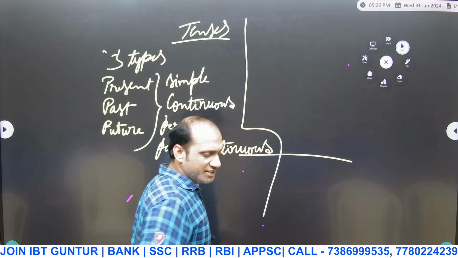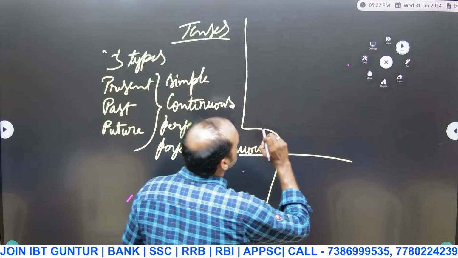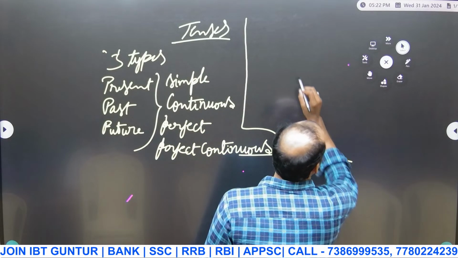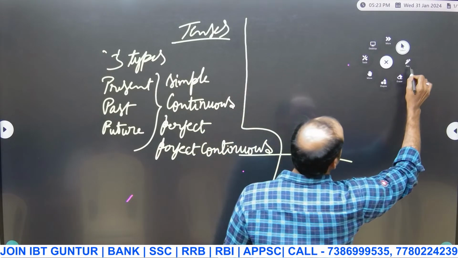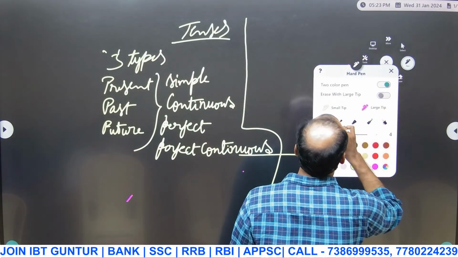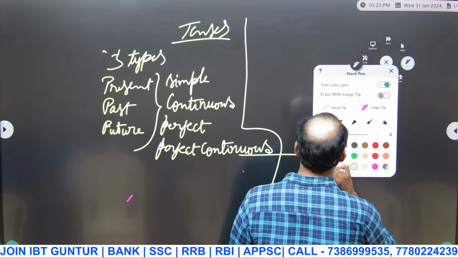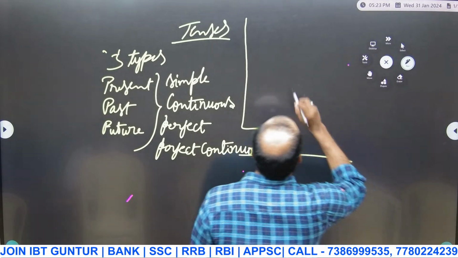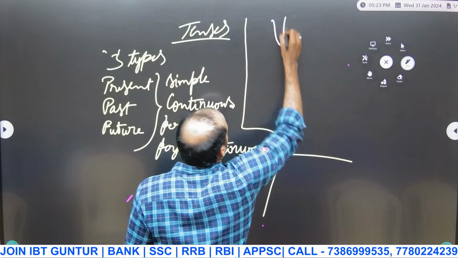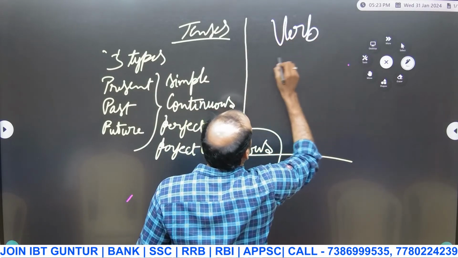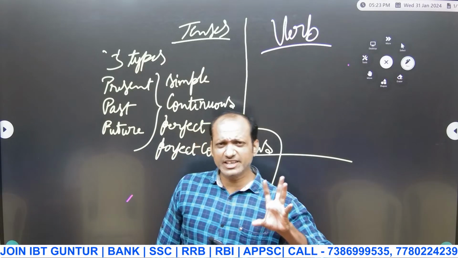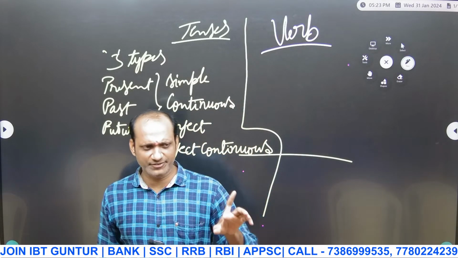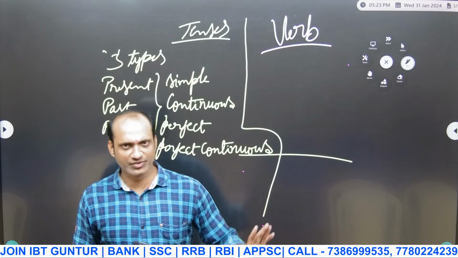Now coming to the point, verb forms. We are talking about verb forms. Verb. While you are using any word, you should know the meaning of each and every word, first of all.